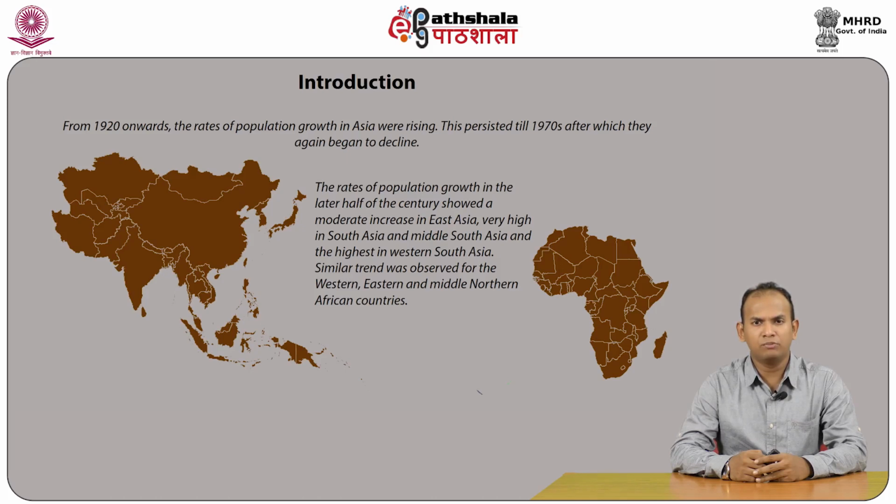A similar trend was observed for the Western, Eastern and Middle Northern African countries. The continent of Africa started having the highest recorded birth and death rates in the world.